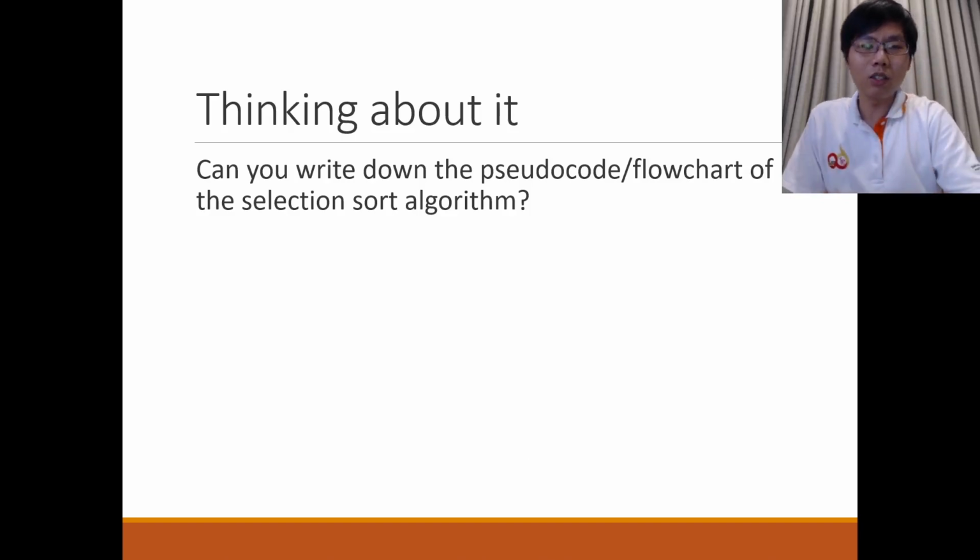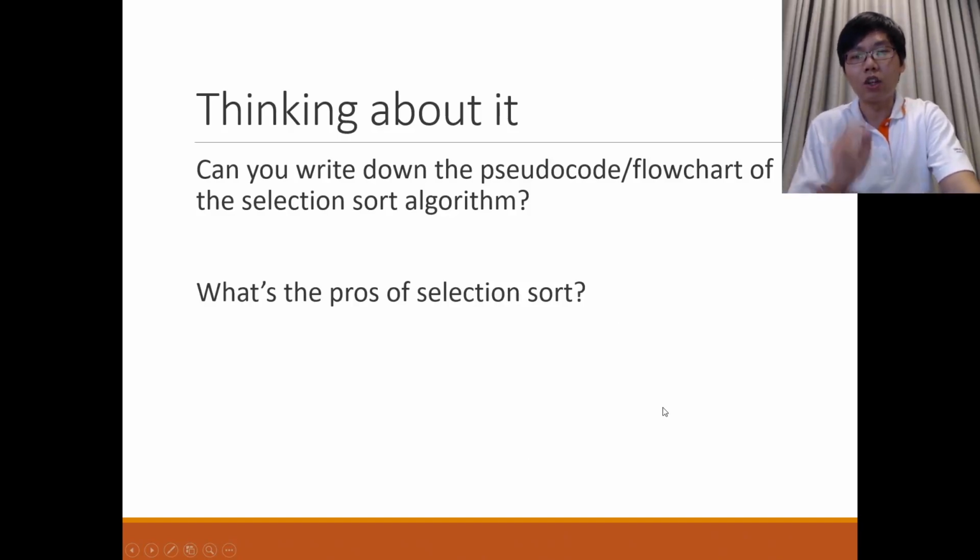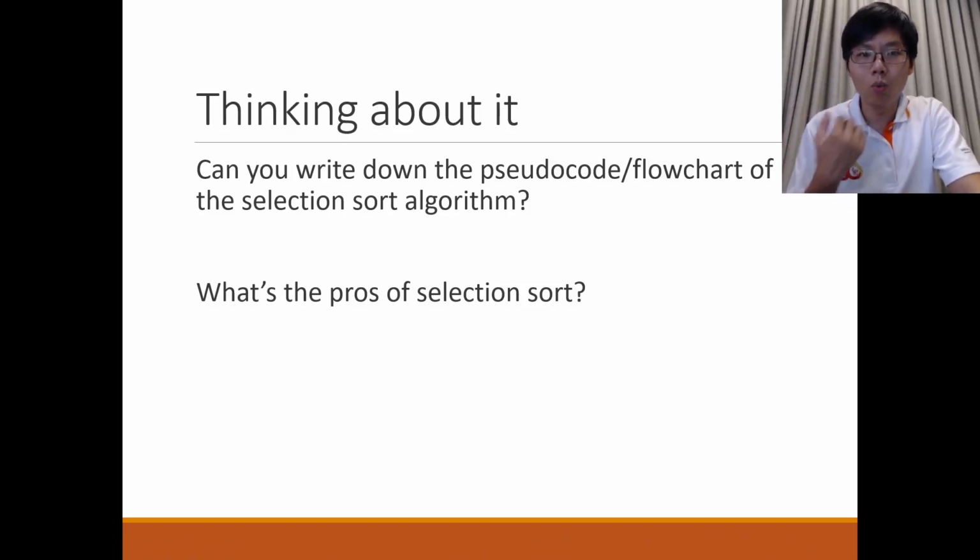The next question I would like you to think about, and we might discuss it in the Q&A session, is: what is the scenario in which selection sort is going to be used? What is the pro of selection sort? Why do we need to learn it right now?